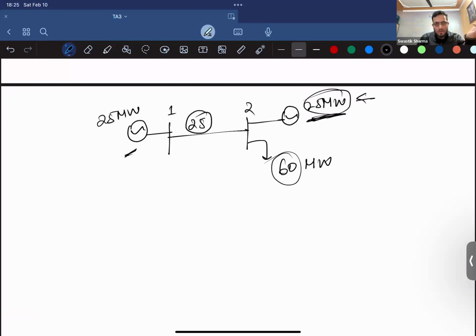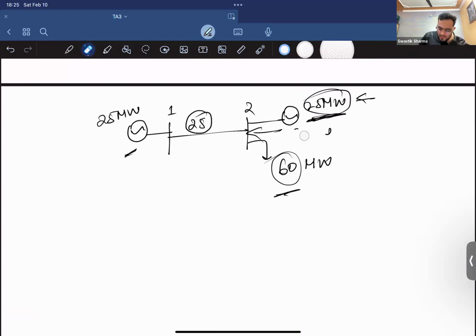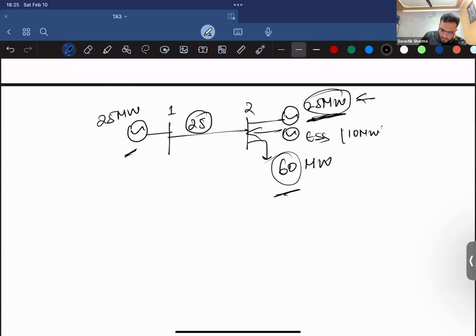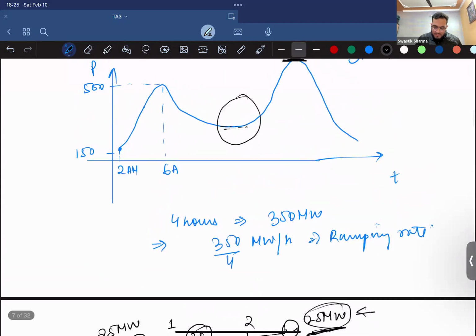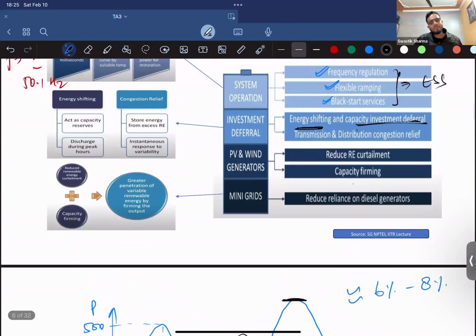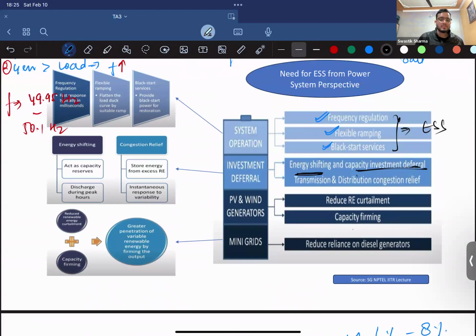You don't require too much land for it. So a BESS could come into this picture and just add 10 megawatts so that this load is sustained. Just consider it as ESS. So it's supplying 10 megawatt, so this 60 megawatt could be sustained. So you can defer capacity investment until the time you really require it, because transmission is very costly. It requires a lot of things which are not discussed right now: transformers, substations, etc.